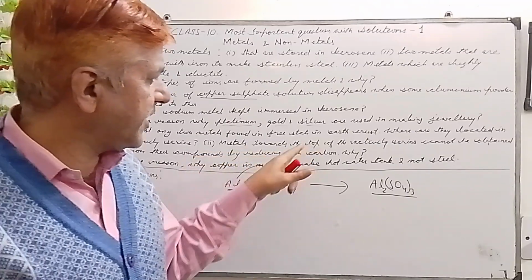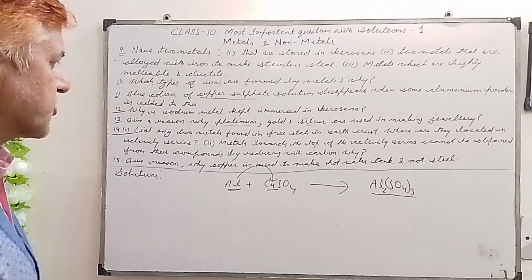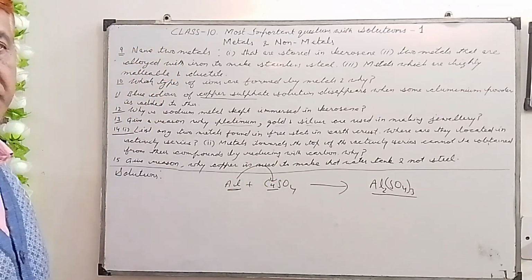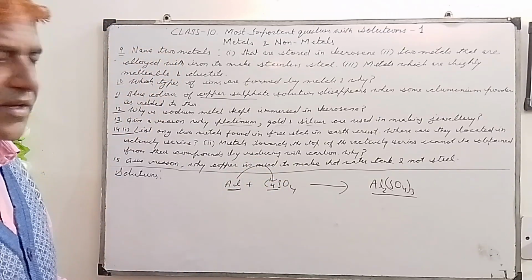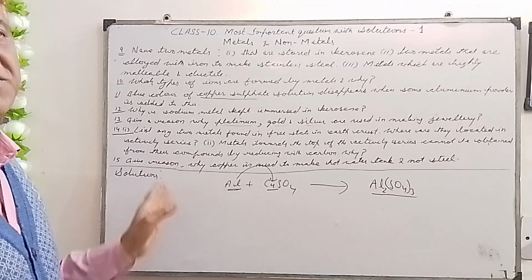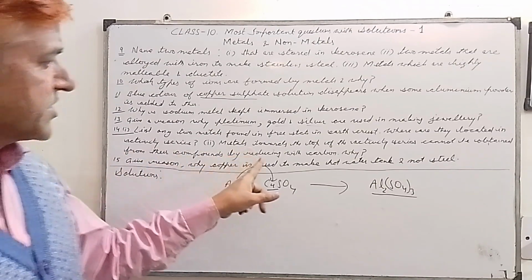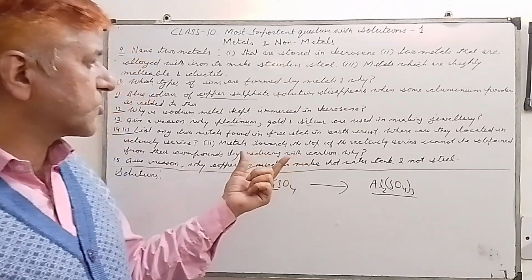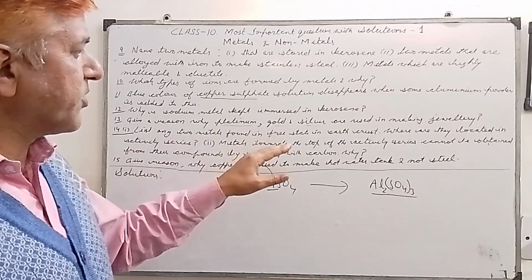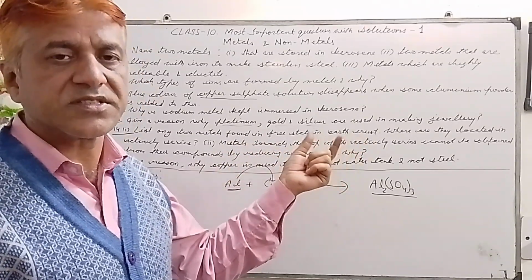Metals lying at the top of the reactivity series are highly reactive, so they cannot be displaced by carbon, because carbon lies below them. So carbon cannot be used as the reducing agent to obtain metals from their compounds which lie towards the top of the reactivity series.